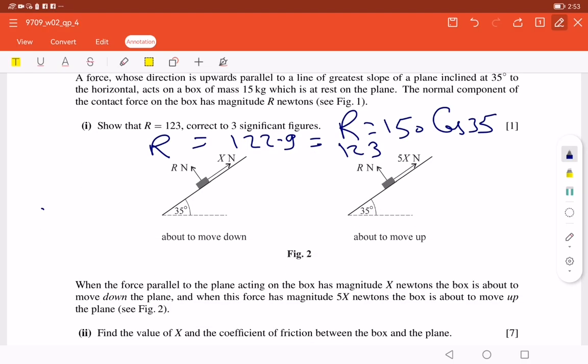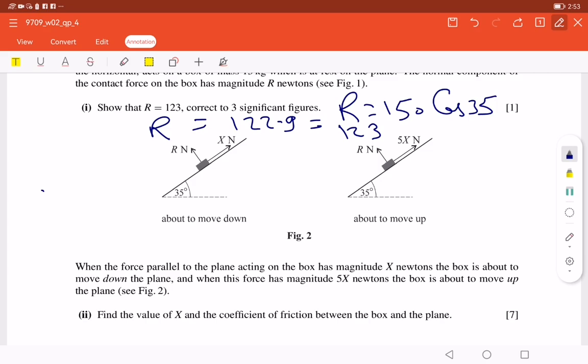The next, figure 2. When the force parallel to the plane acting on the box has magnitude x newtons, the box is about to move down the plane.